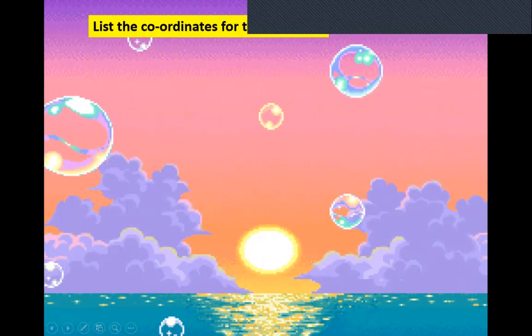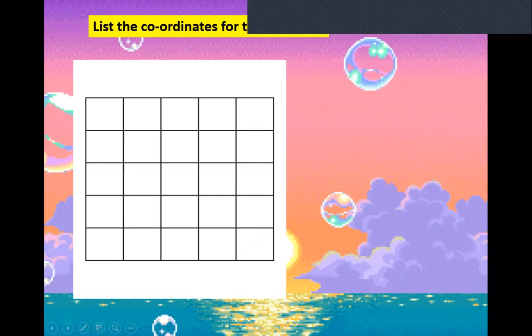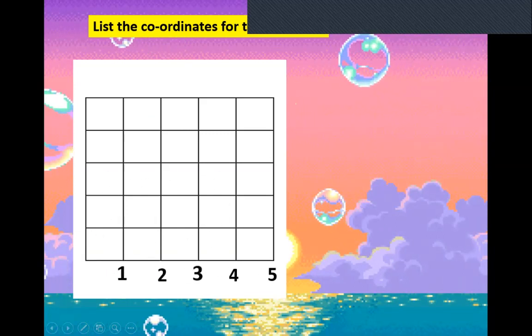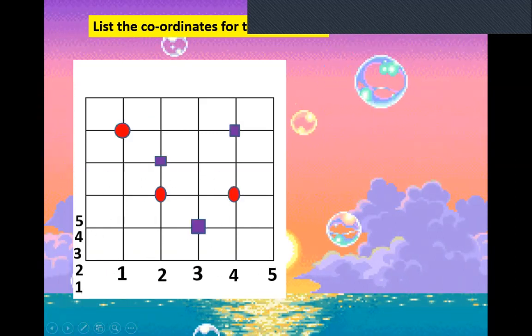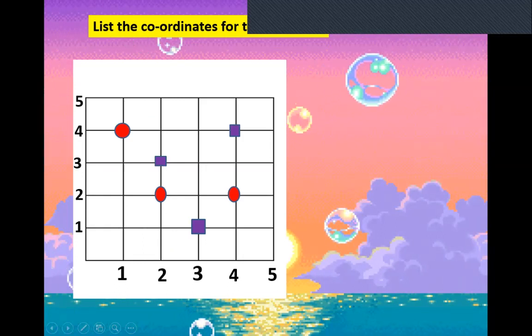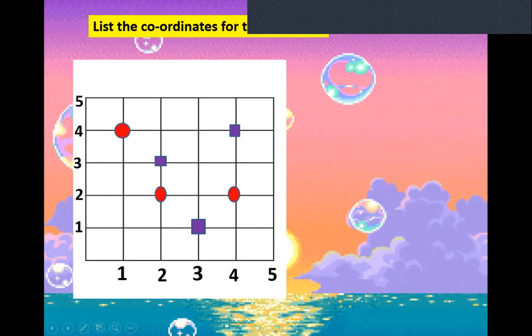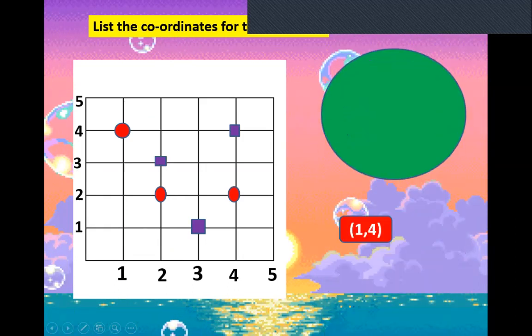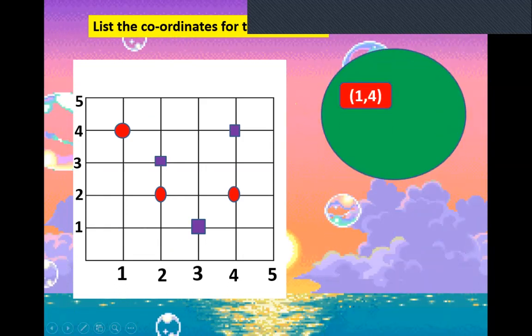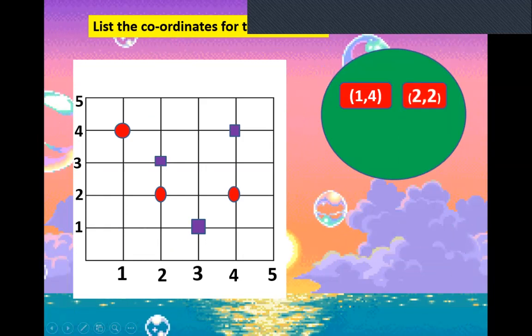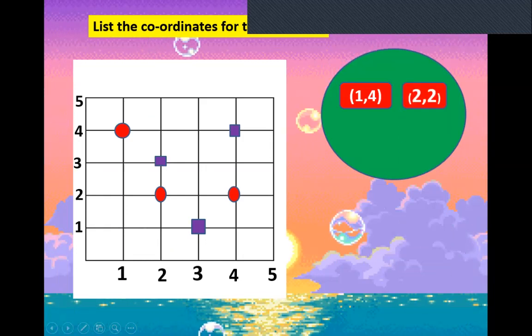List the coordinates for the circle. Here you have to find the position of circles on x and y axis. First one is positioned at 1, 4. Second at 2, 2.